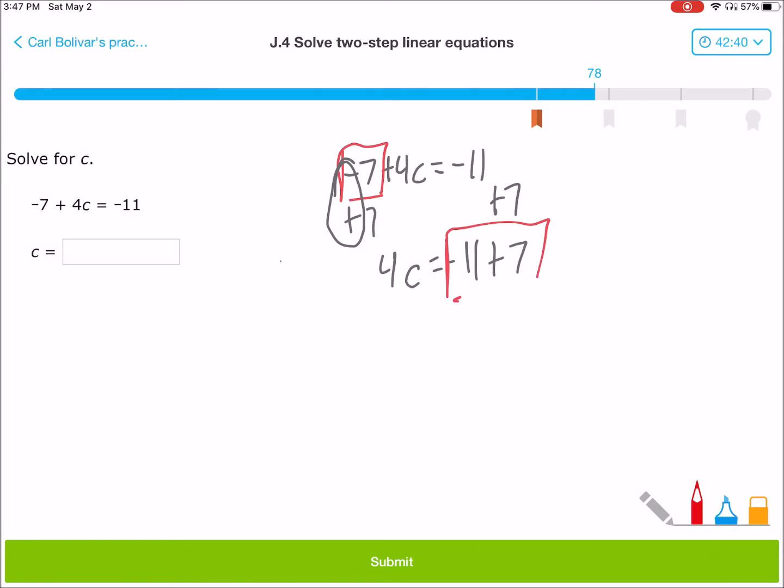So 4c is equal to negative 4. The next thing we're going to do is divide by 4 on each side. What you do to one side, you do to the other side. And this will give us c is equal to negative 1. This is our answer.